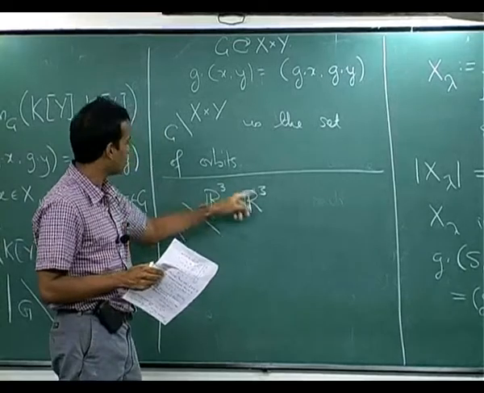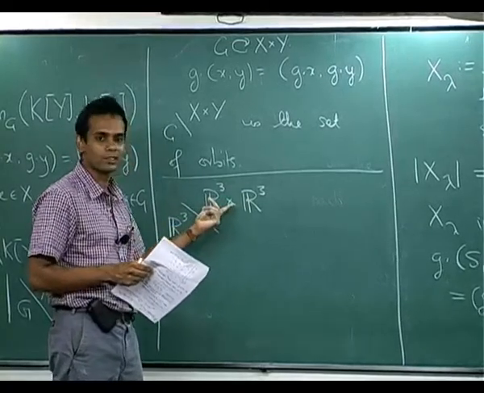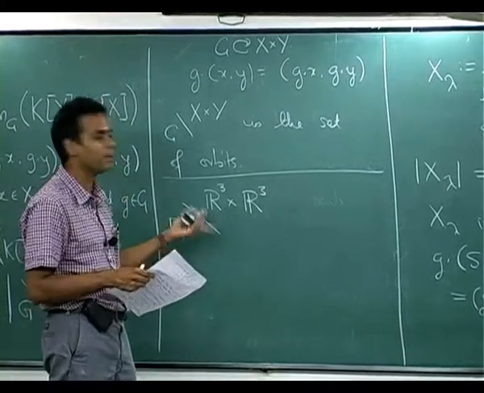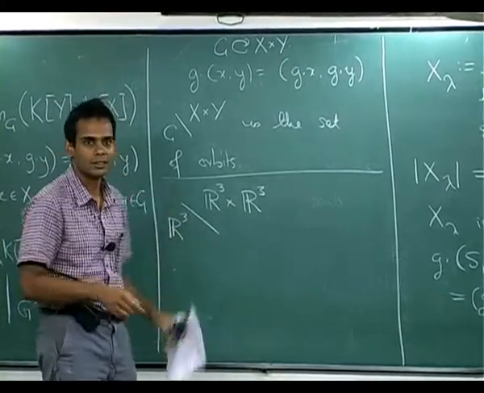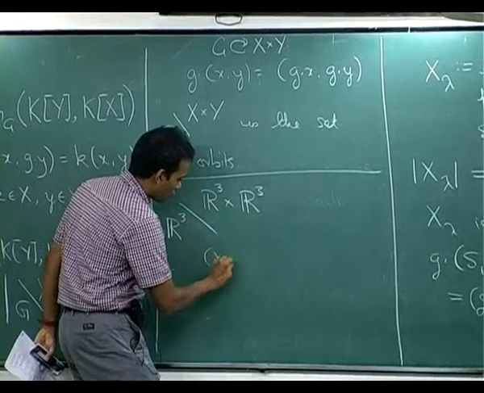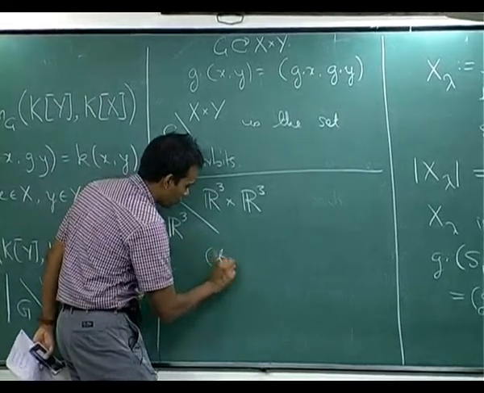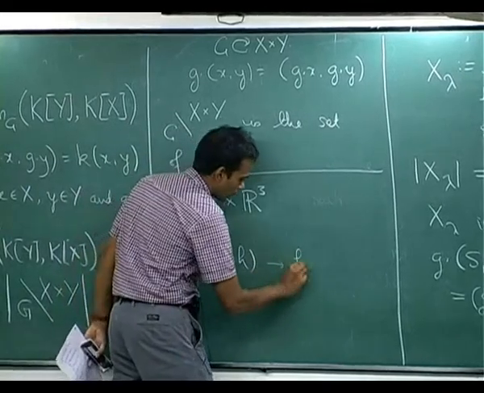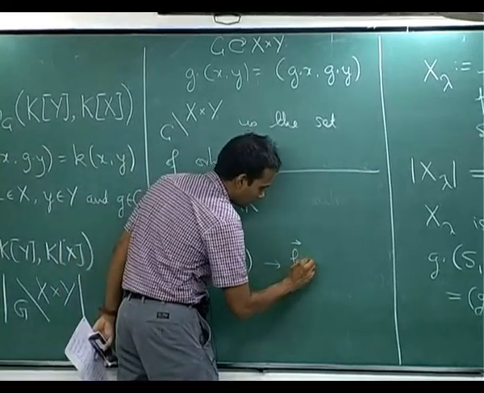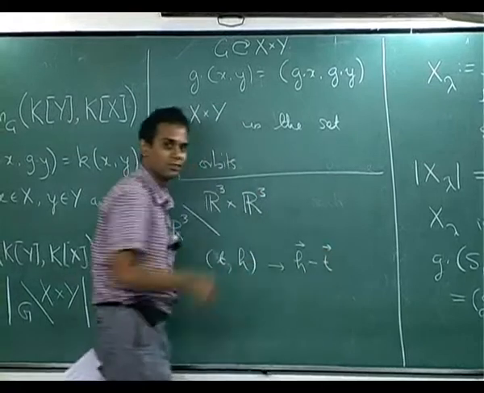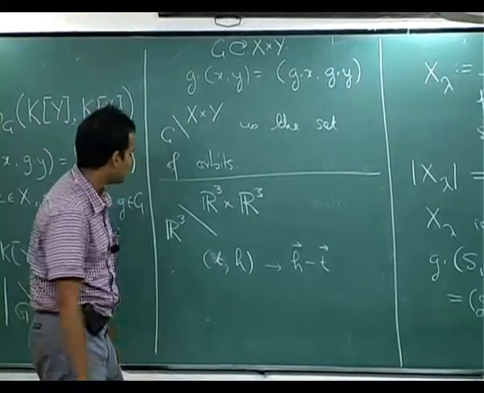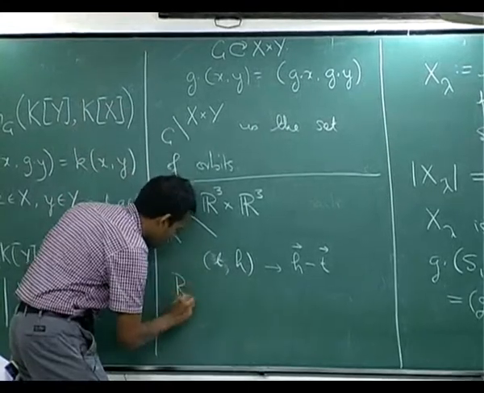This is actually the relative position of pairs of points in R cubed, and it's just an element of R cubed itself if you wish, namely, maybe we can call this (t, h), tail and head of a vector, goes to h minus t if you write down the coordinates of those things, and that's a vector itself. So this is called relative position.